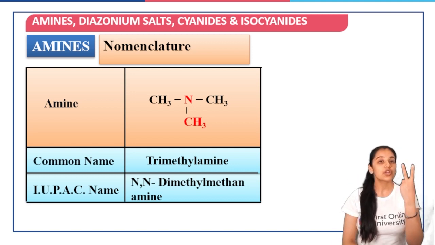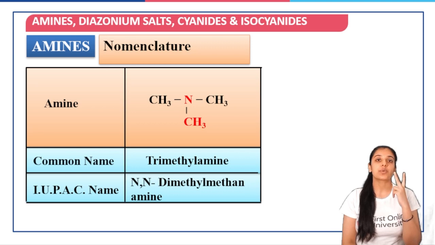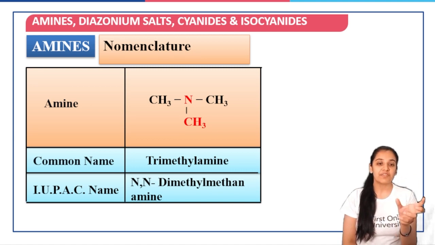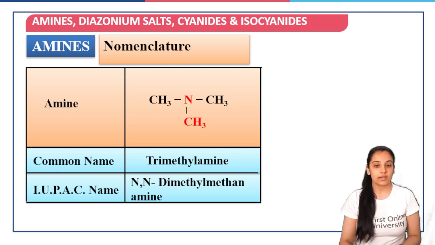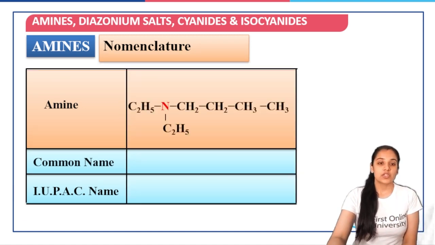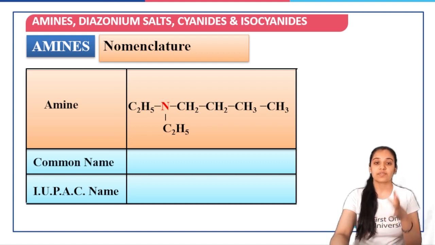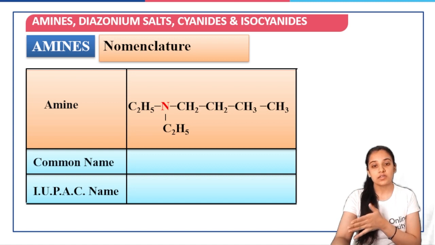Now there are two other methyl groups left, which are going to be treated as substituents and written in the IUPAC name as a prefix. So we will call it N,N-dimethylmethanamine.